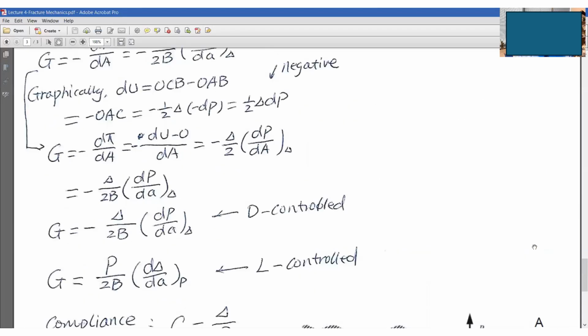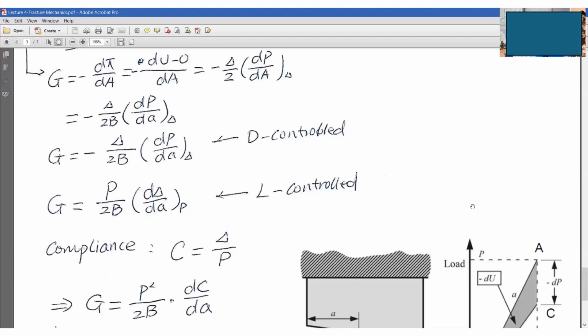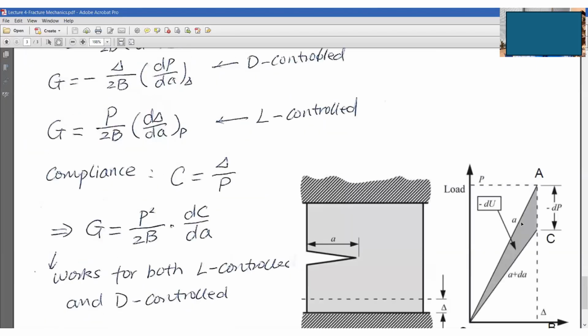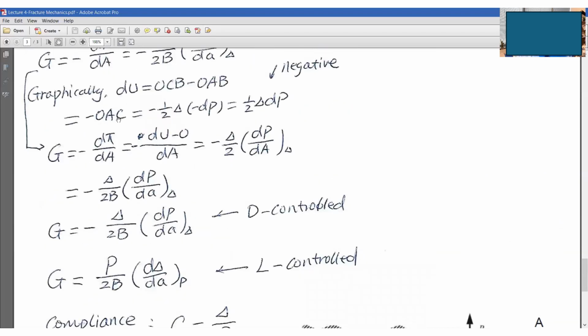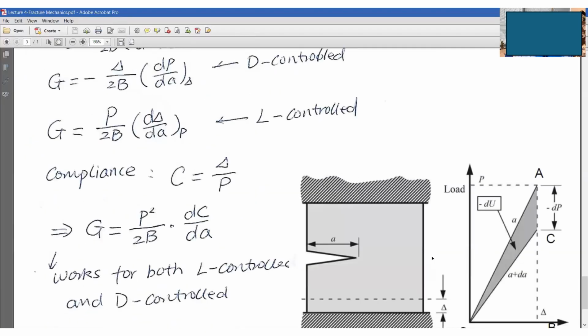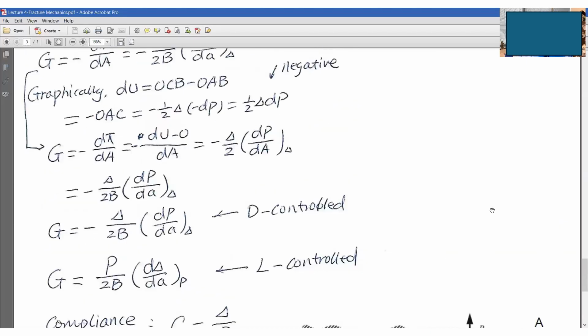So this one equals what? OCB minus OAB is the shaded area, and it will be minus OAC. You should know that, because the area of OCB is smaller than the area of OAB. That's the reason we have the negative sign here.